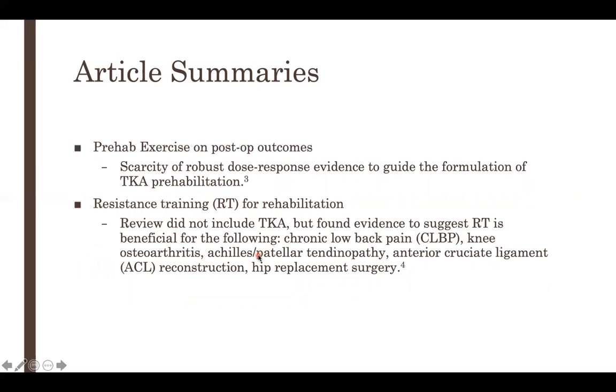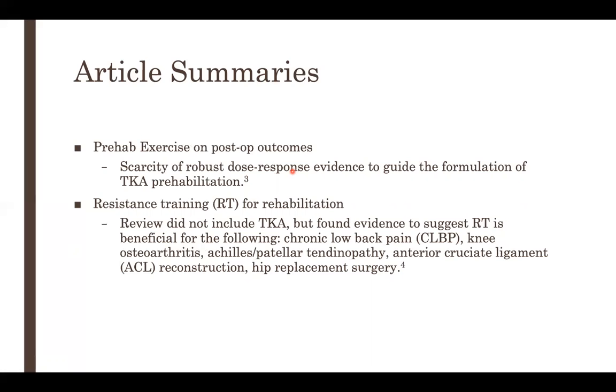The third systematic review was done on prehab exercise relating to post-op outcomes, and they said there wasn't enough evidence to guide the formulation of a total knee arthroplasty prehab program.